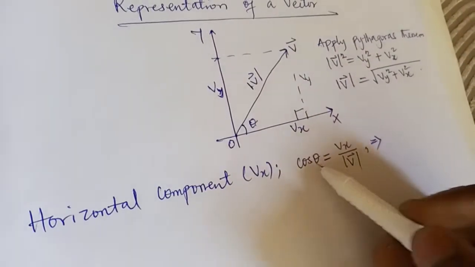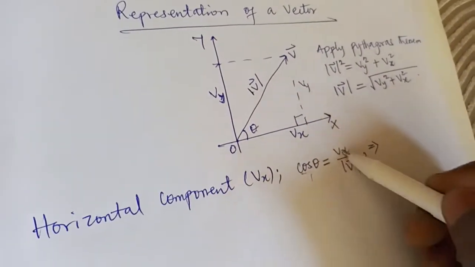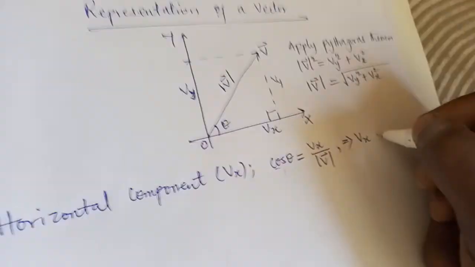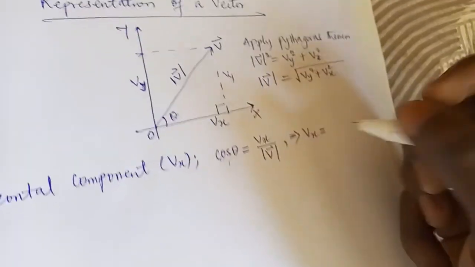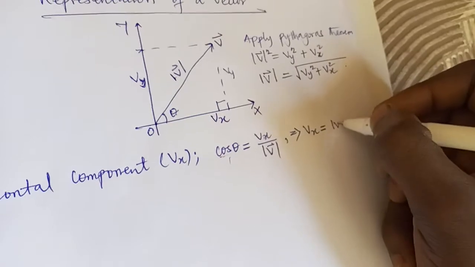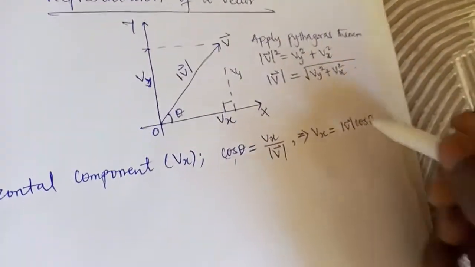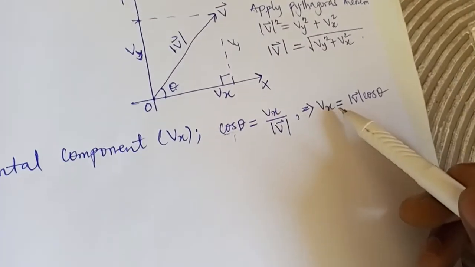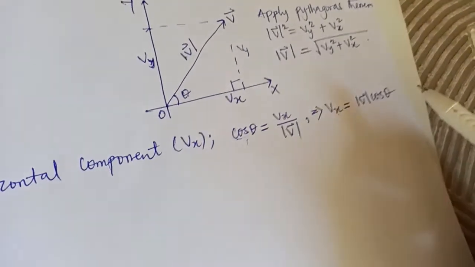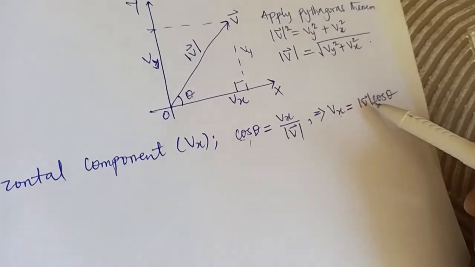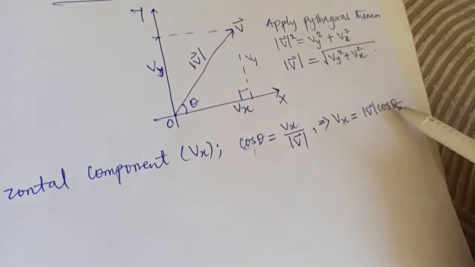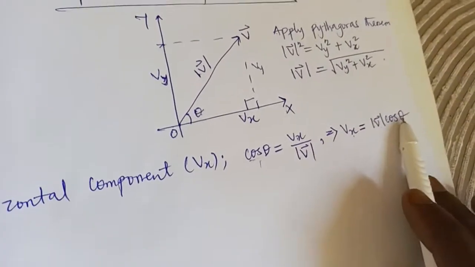This implies that cos theta is vx over the magnitude of v. If I cross multiply, I will have vx is equal to the magnitude of vector v multiplied by cosine of theta. This will be the formula for calculating the horizontal component of any vector. It is equal to the magnitude of that vector multiplied by the cosine of the angle made with the horizontal.